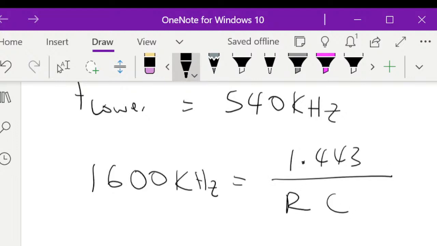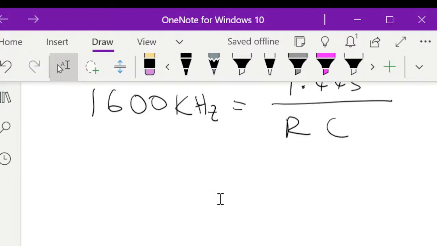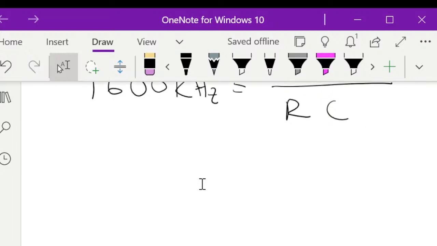Now, when you're designing this, there's no value for R, no value for C. You just pick the value that you have in your kit and calculate for the rest. Fortunately for us, we have a lot of variable capacitors, so we just chose one of the literally hundreds of resistors we have. We just chose 47k. There's no reason for that. We could have chosen any other value, but we chose 47k.